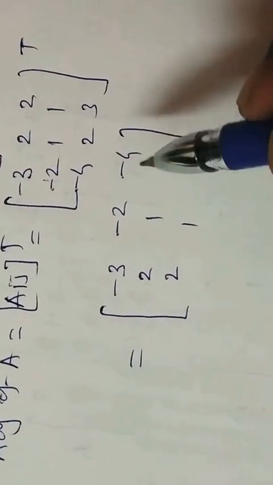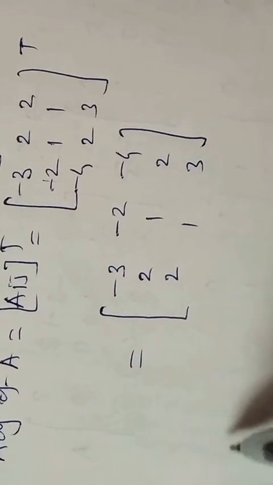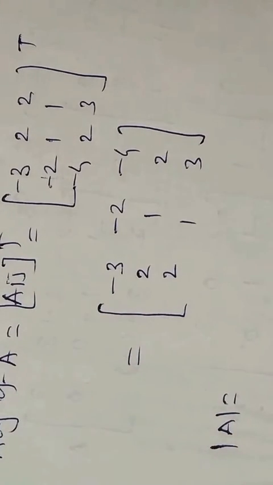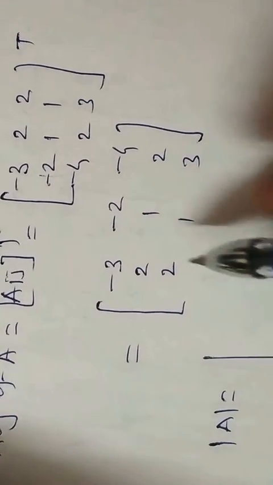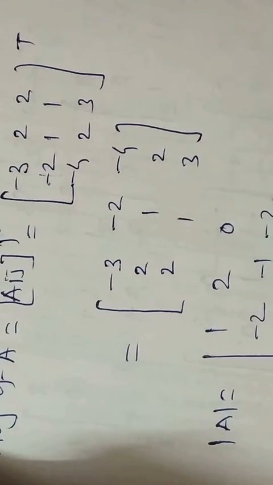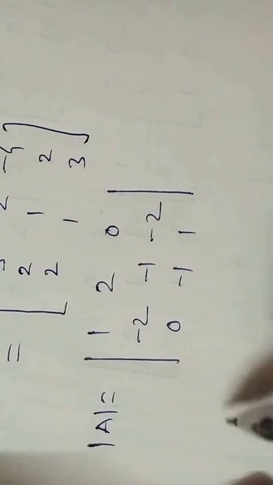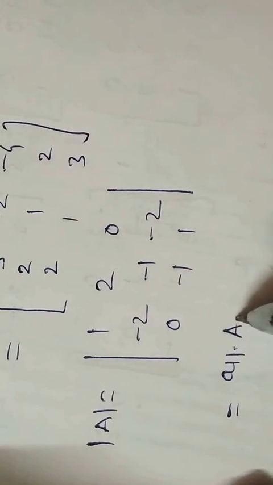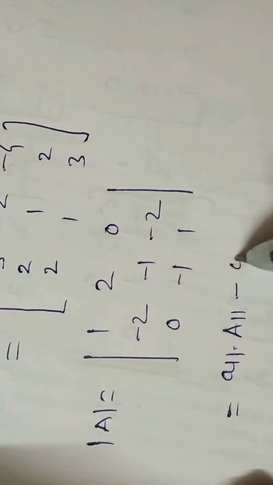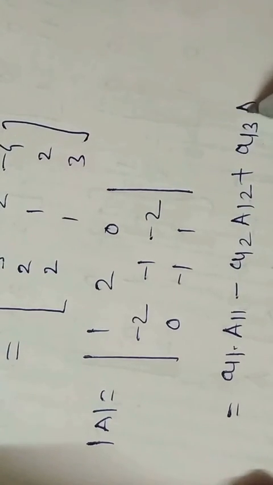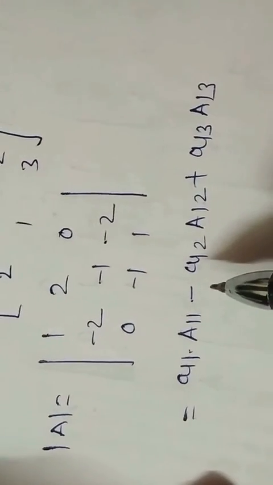This is the transpose. So now again we want to find the determinant of A. The determinant of 1, 2, 0; minus 2, minus 1, minus 2; and 0, minus 1, 1. Finding the determinant using the first row, the formula is A11 into its cofactor A11, then A12 into its cofactor A12, plus A13 into its cofactor A13.